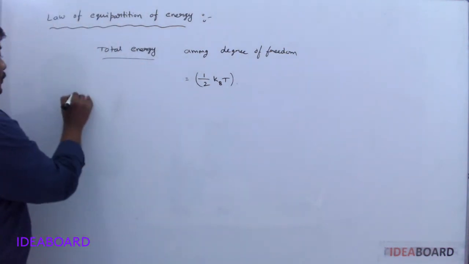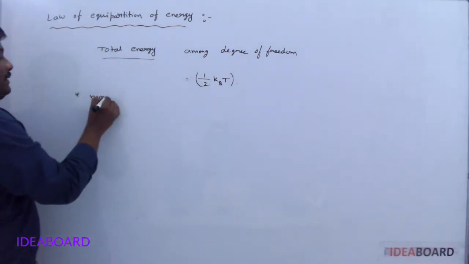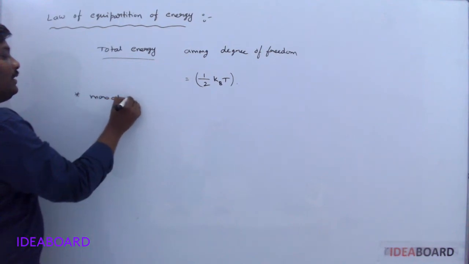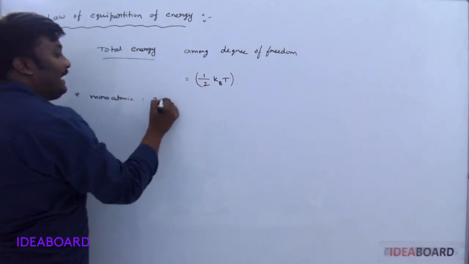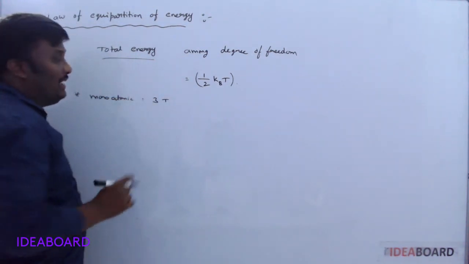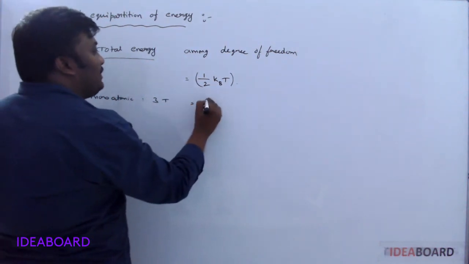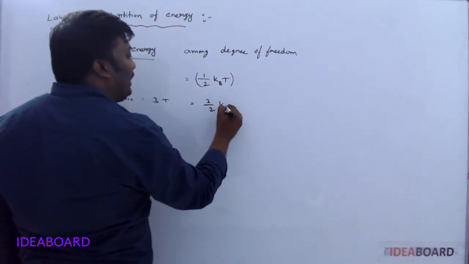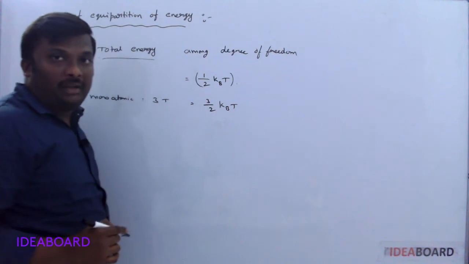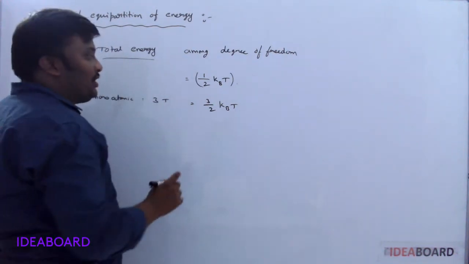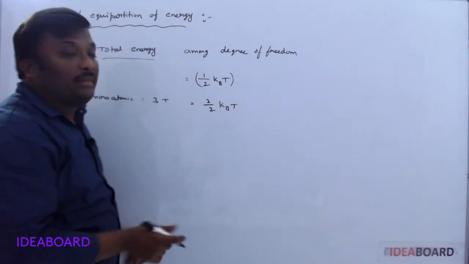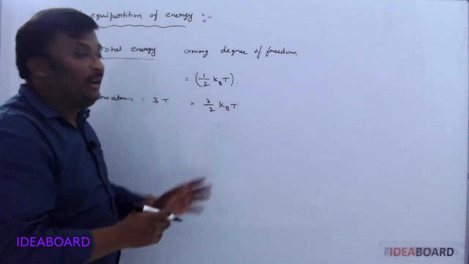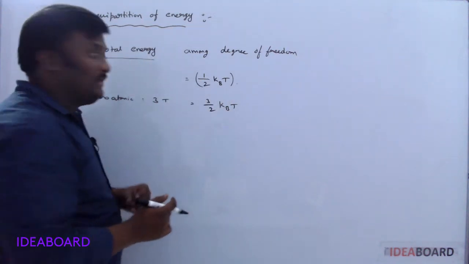Means, for example, if you take monoatomic gas, in monoatomic gas we have 3 translational degrees of freedom. 3 translational degrees of freedom means for monoatomic the total energy is 3 by 2 kBT. In each direction it has 1 by 2 kBT, because 3 into half kBT is nothing but 3 by 2 kBT. Understand?